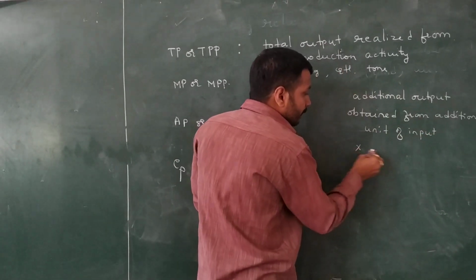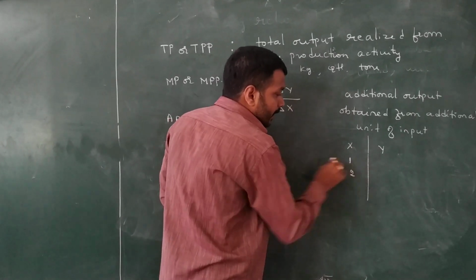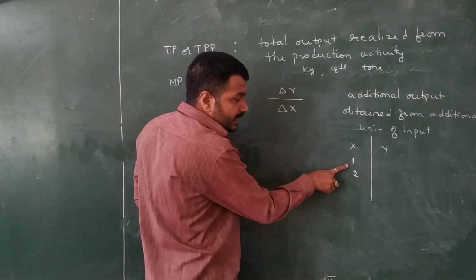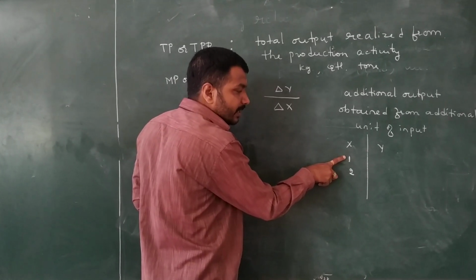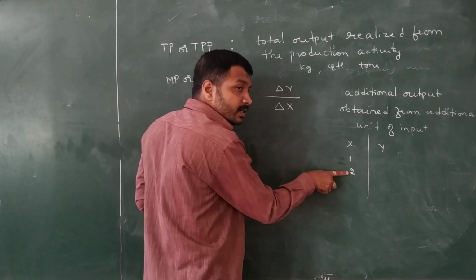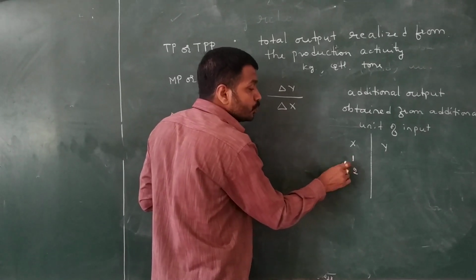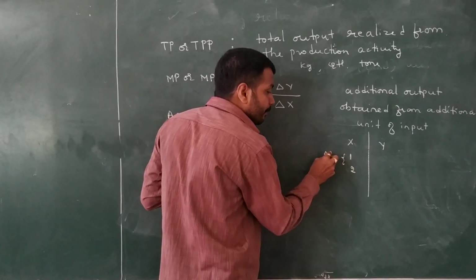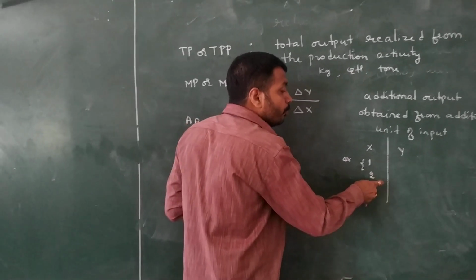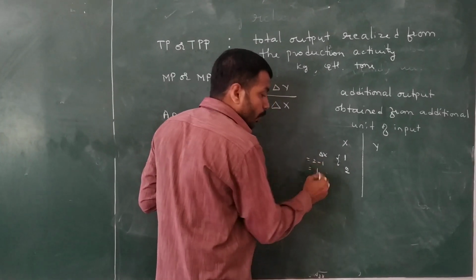For example, here the additional unit of input applied is 1. Earlier he used 1 unit of input. When he uses the second unit, the incremental change in input use is represented as delta x, which is 2 minus 1, that is equal to 1.